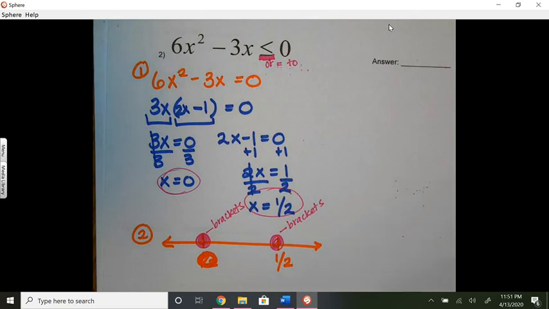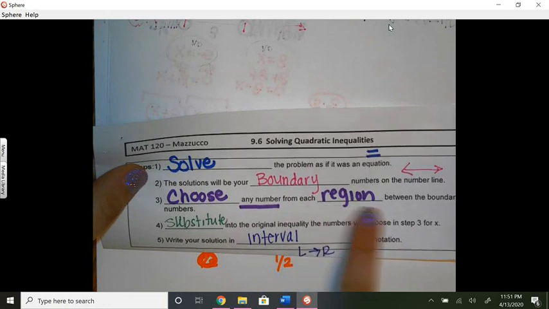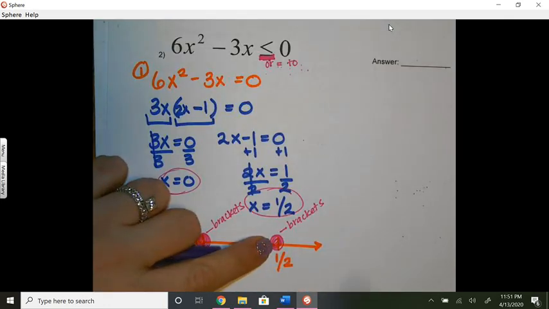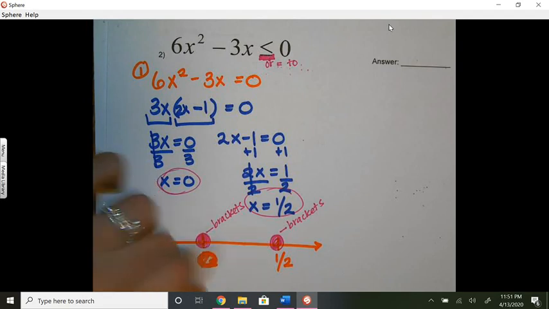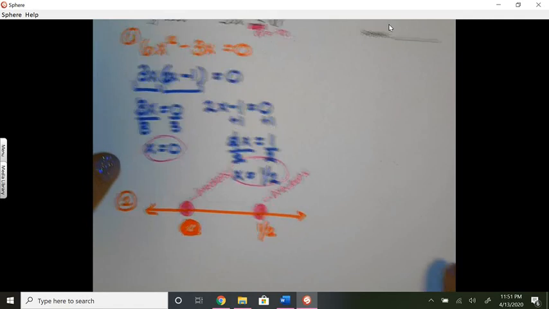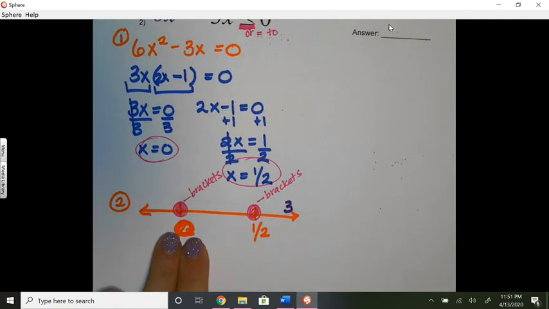Now step 3. Choose any numbers from each region that you want. So you're going to pick any number you want that's greater than 1/2. So if you want to pick 1,000, pick 1,000. I'm going to go ahead and pick 3. Then you have to pick any number in between 0 and 1/2. Now if you don't want to work with fractions, then I would change it to a decimal.